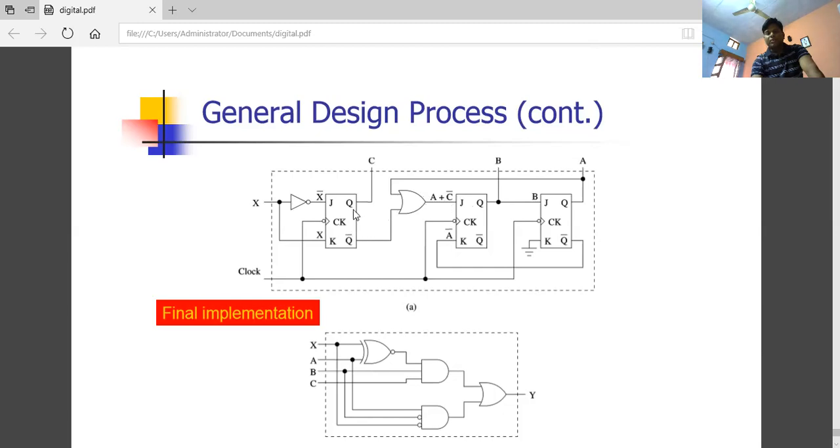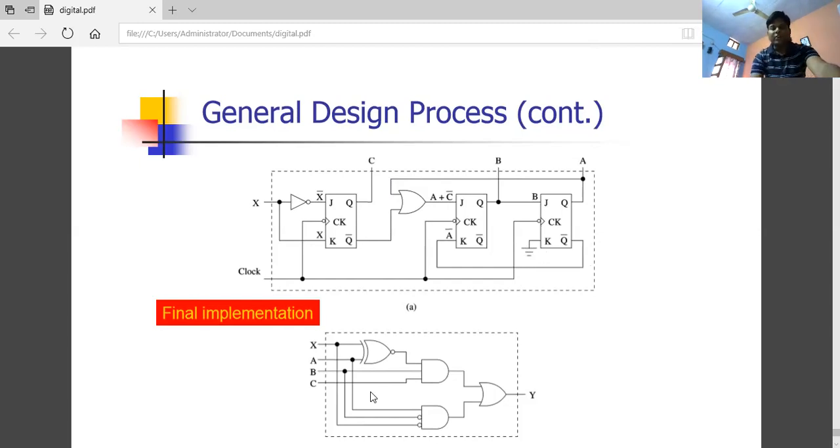So C is here, then C dash, and the output comes from A. So JB is A plus C dash and K is A dash, so we add this A dash. JC is B, so B is the value, and K is 0, so it goes to ground.